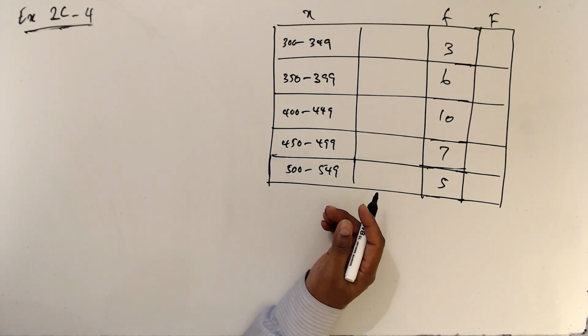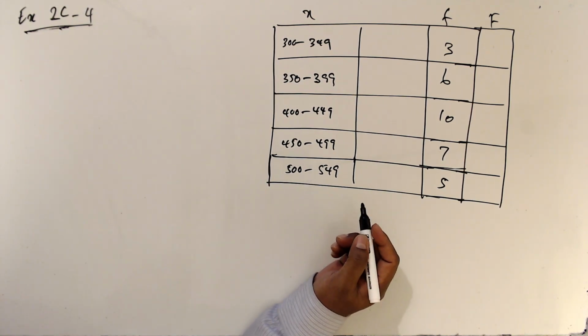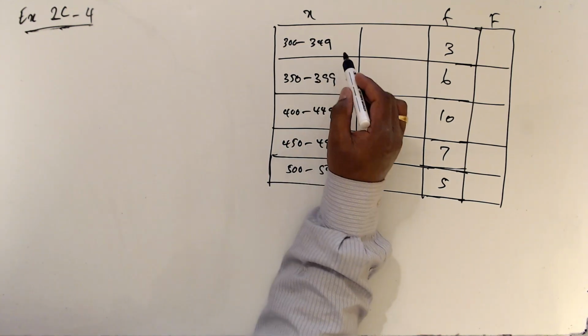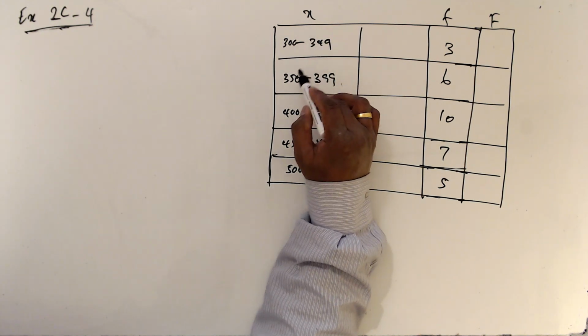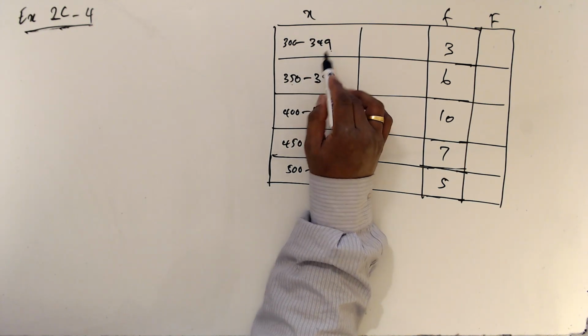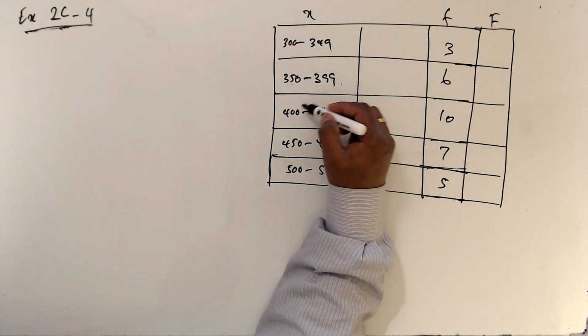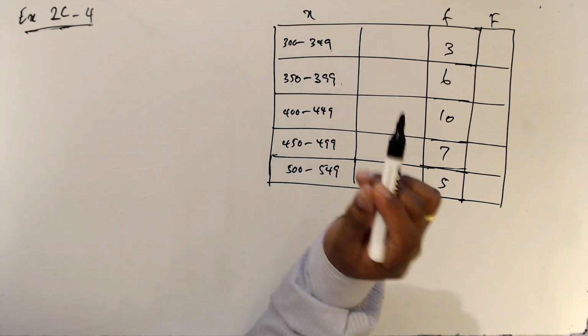Here the kilogram variable is continuous. However, this data is collected in a discontinuous scale, because there is a gap between 349 and 350, and everywhere there is just one unit gap.